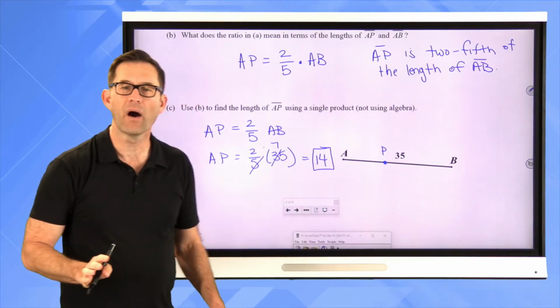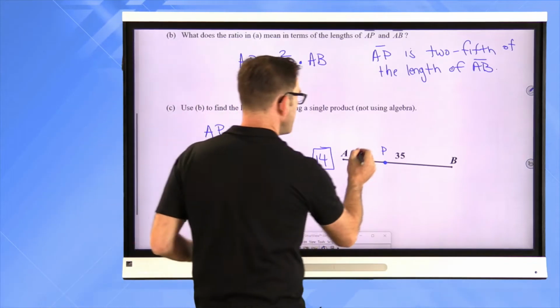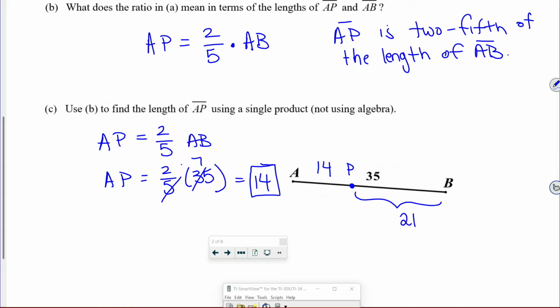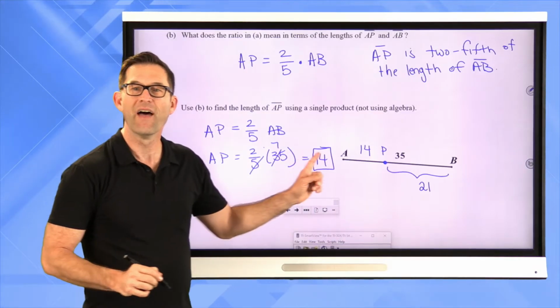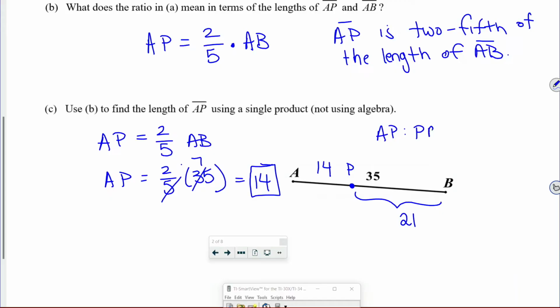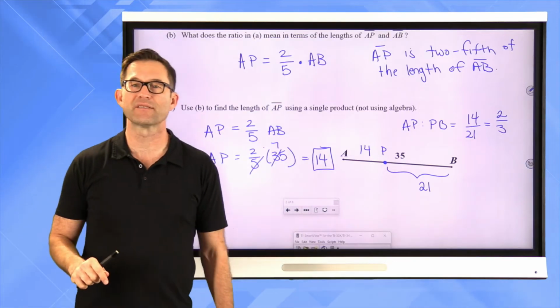And again, just keep in mind that if this was then 14, all of this would be 21, and then the ratio of AP to PB would be 14 to 21, which would then reduce down to 2 to 3 if I divided both of those by 7.